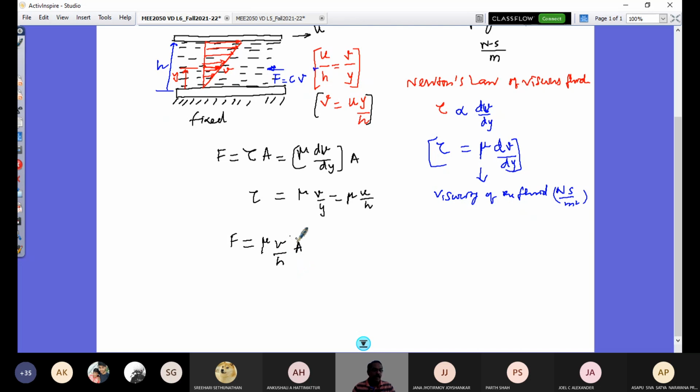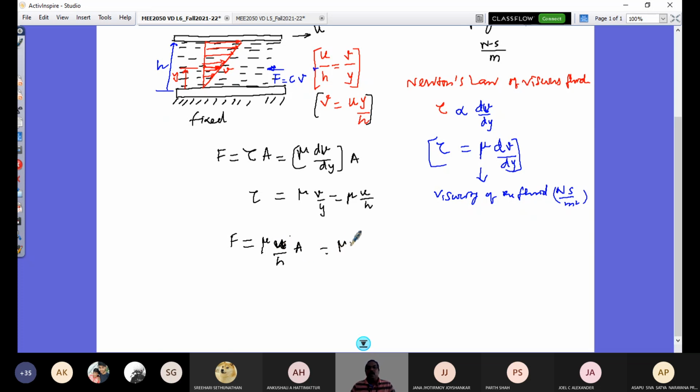From this I can combine. I'll take this v out, with the v or u. I just changed the notation at the beginning. So this is u, right? U by h.